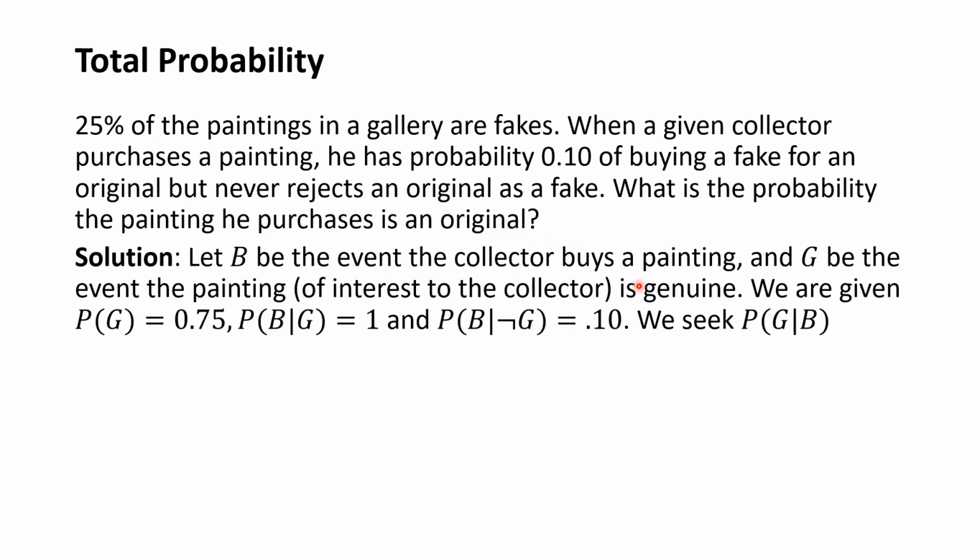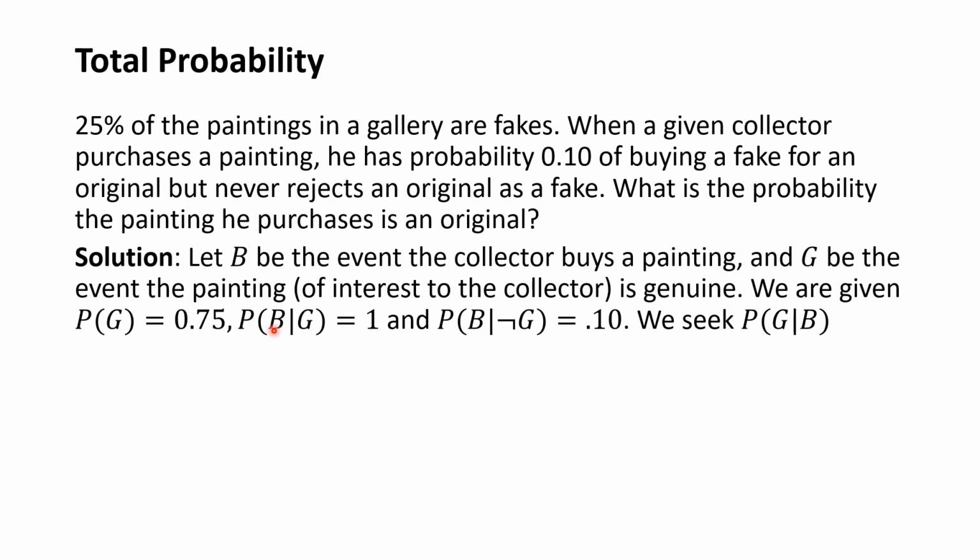So we want to know the probability of G given B. So in other words, given that he's buying a painting, the probability that it's genuine. But we're given some information here. In general, the probability of a painting being genuine from this gallery is 0.75, since it's 0.25 probability being fake and there's only two possibilities.